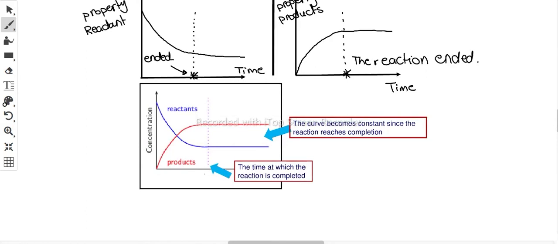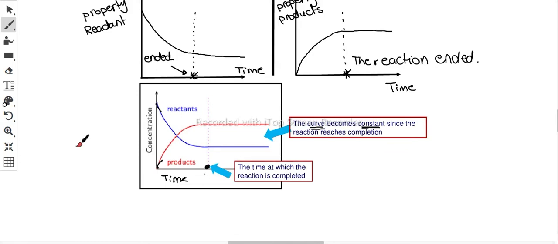per unit of time. And here both curves are joined. So I have the products that will start with 0 and increase. And I have the reactants that start with a higher concentration and decrease per unit of time. This is where both of the curves become constant.